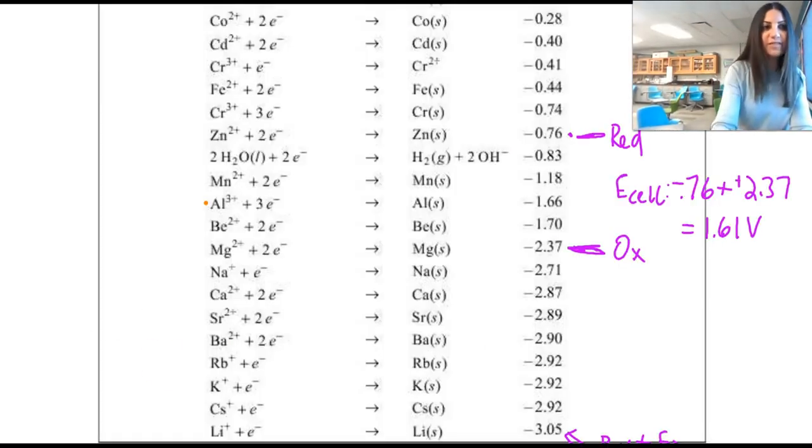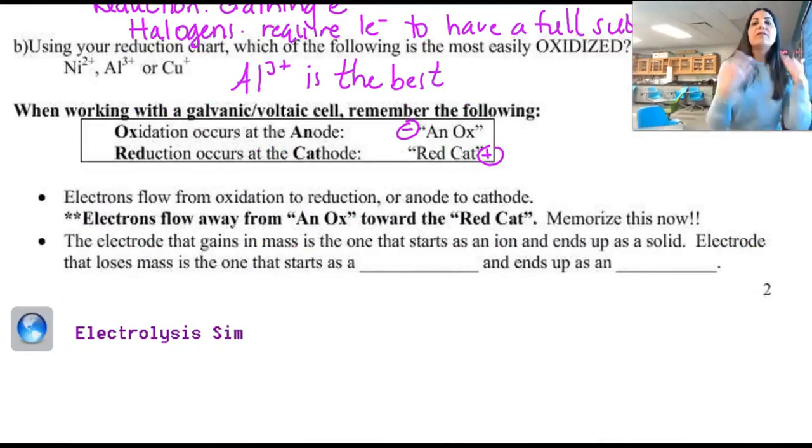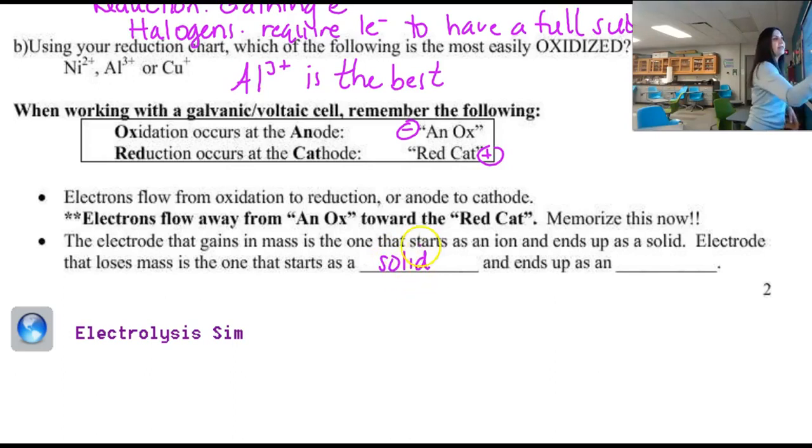Okay, so let's come back over here and it says, the electrode that loses mass is one that starts as a blank and ends up as a blank. Well, if it loses mass, it should be starting off as a solid and ending up as an ion. And where does that happen? So we're going to put a little star over here. We're going to say where it loses electrons is where it loses mass.